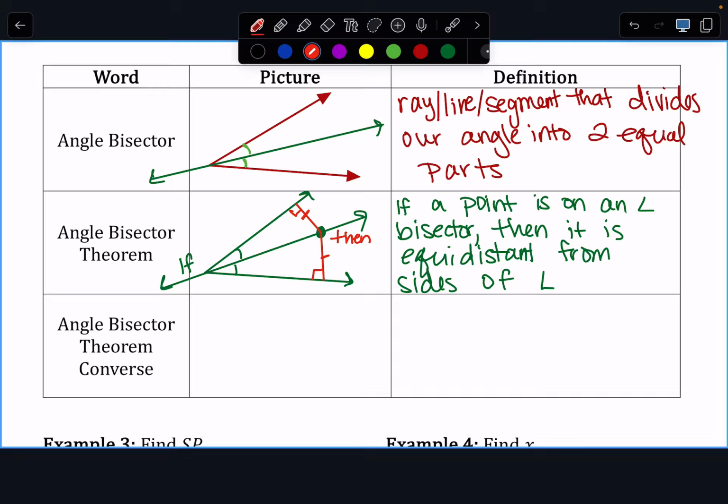So we have cute little right triangles. Do you want me to fix this one? There, that might help. Does that look better?